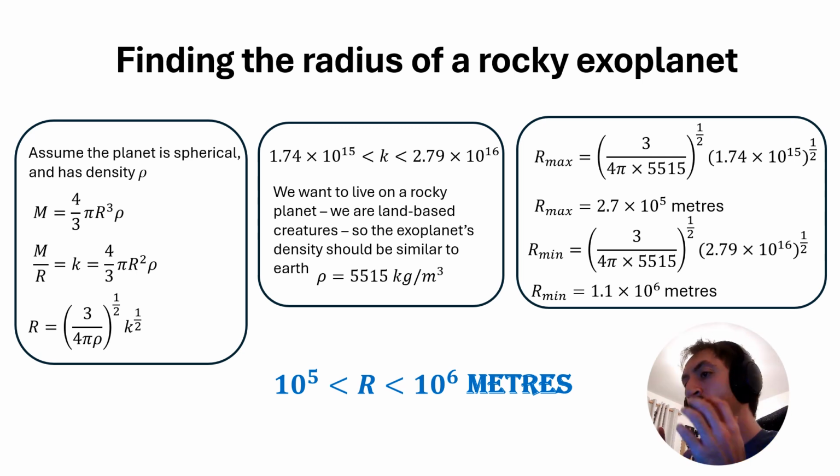And so we've got a range of radiuses for exoplanets that might support life, really by considering a few assumptions together based on the composition of the surface and the density of the planet, and also the composition of the atmosphere. So what molecules we would like the atmosphere to have and what ones we would not like it to have.